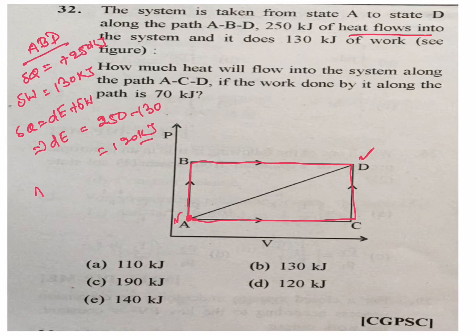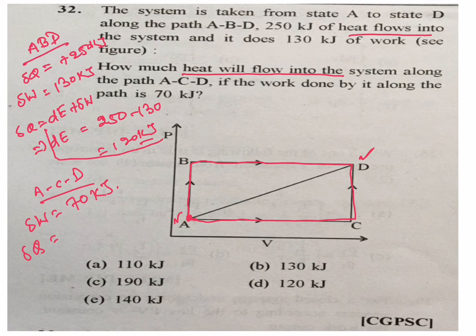Then again along path A, C, D, the work done by it along the path is positive. Then we have to calculate the heat that will flow into the system, delta Q. How much? Already we got delta U, because it's a point function in both processes, the start point and end point are the same. That's why the internal energy change will remain unchanged.